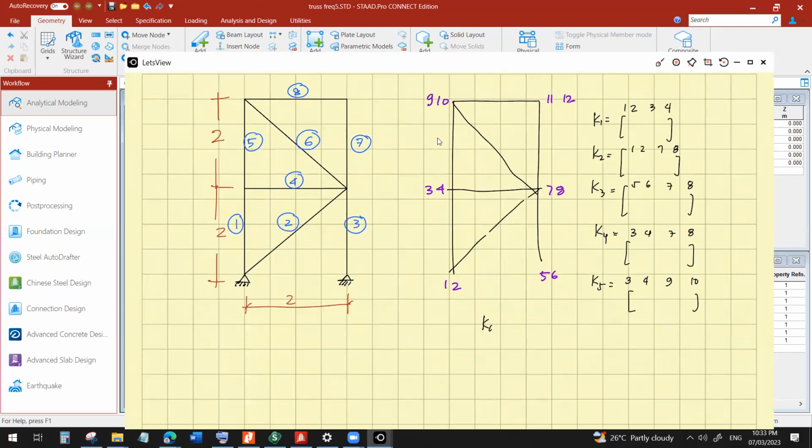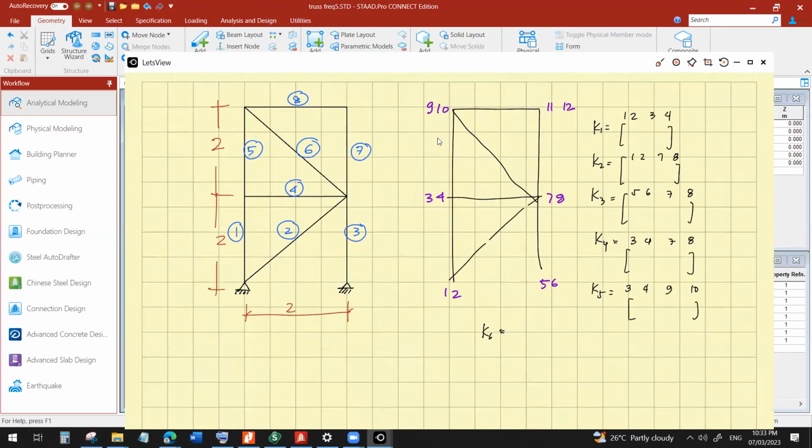K6, medyo madami na, no? K6 will be 7, 8, 9, 10. K7, 7, 8, 11, 12. And lastly, K8 is 9, 10, 11, 12.